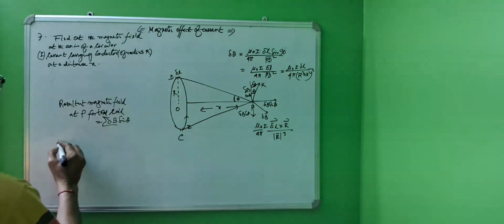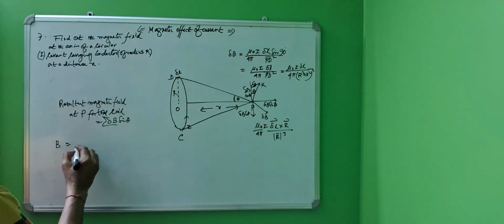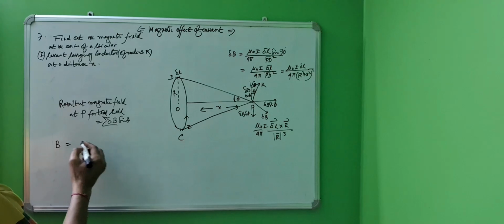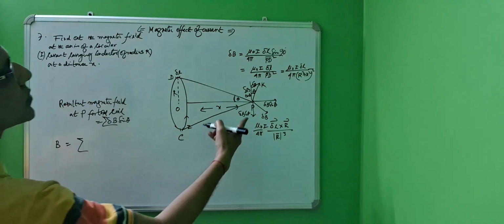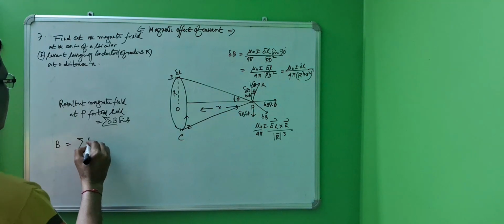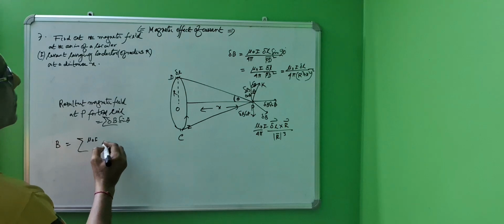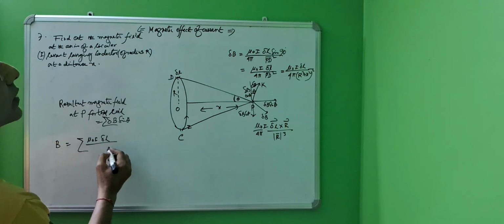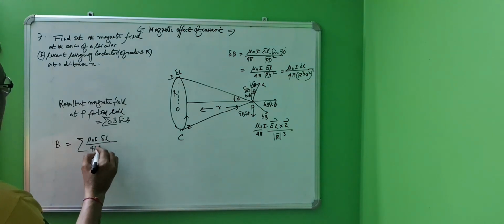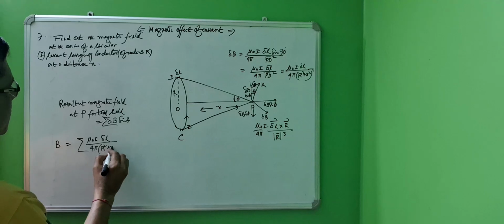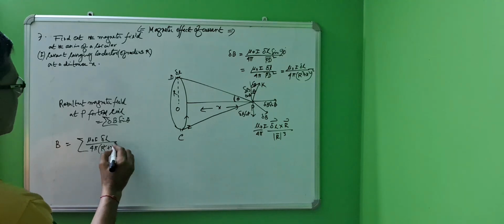So we get the resultant B equals sigma delta B equals mu 0 I delta L divided by 4 pi (r square plus x square).